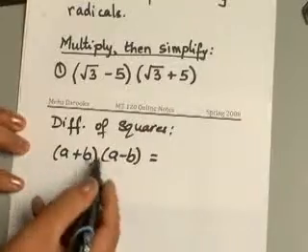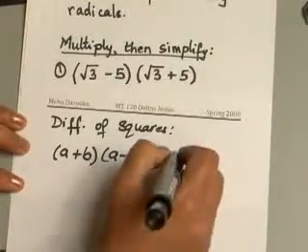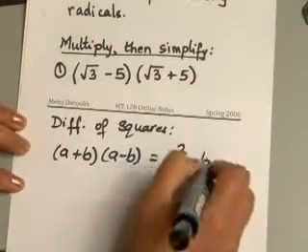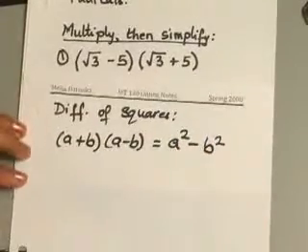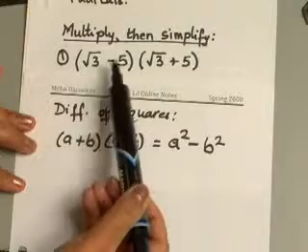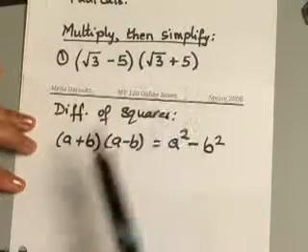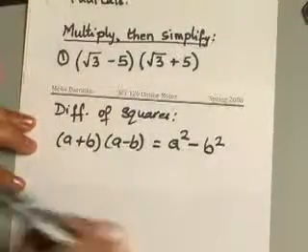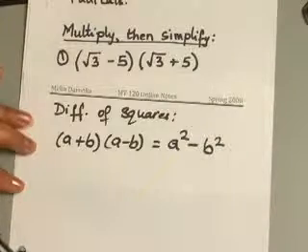You can see same numbers but different signs, and when you multiply them together you end up with a squared minus b squared. So that's the same thing here. You have your a minus b, you have your a plus b, and when you multiply them together you end up with a squared minus b squared.